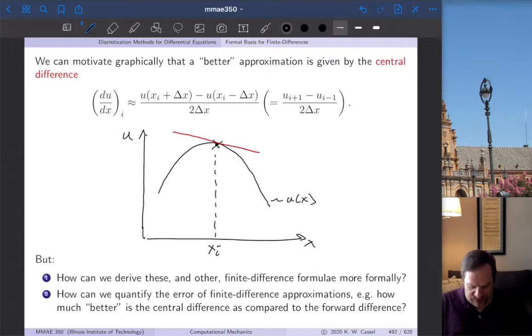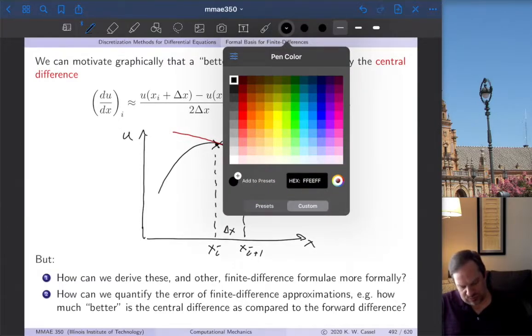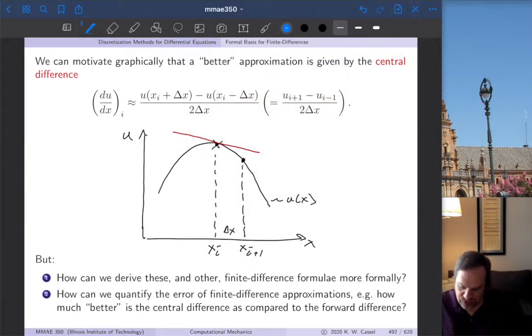Now the forward difference says go a delta x to the right, and that's point x sub i plus 1. Let's pick another color, let's use blue. The forward difference would look like this, because it goes through those two points. So this is forward.